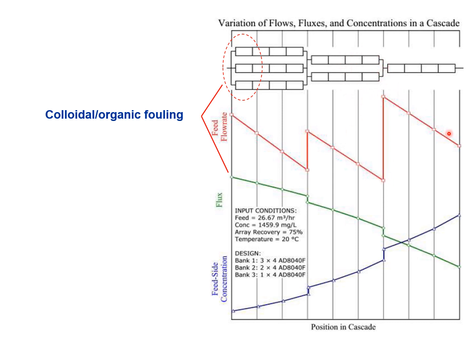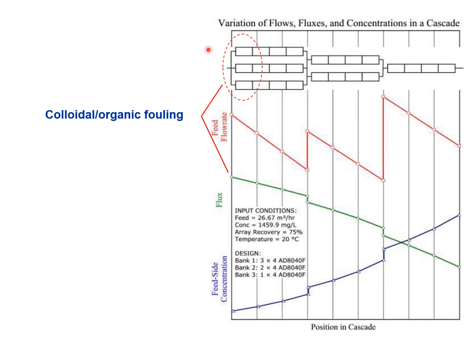And then the final stage also has a higher feed flow rate because of fewer elements and pressure vessels. The flux is highest at the first stage, in the middle at the second stage, and at the last stage, because of high osmotic pressure, you have less water flux coming out. The feed side concentration will increase at higher stages.